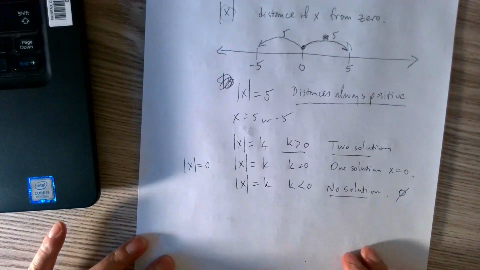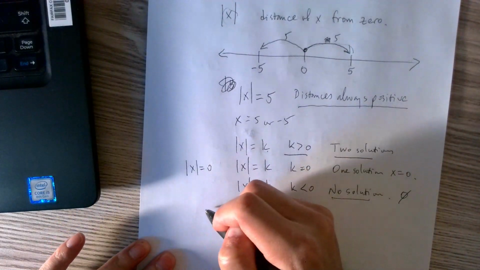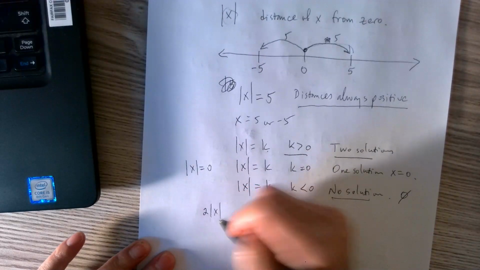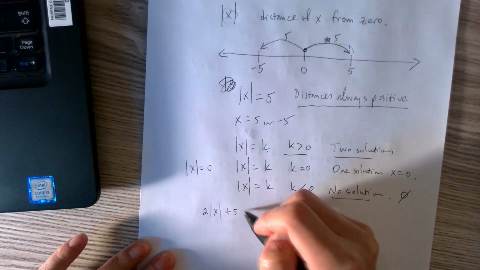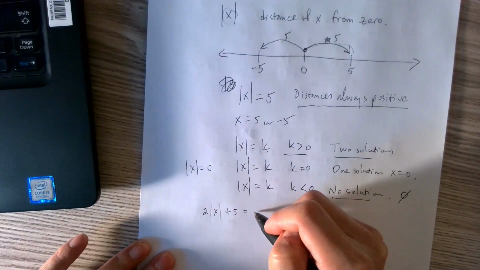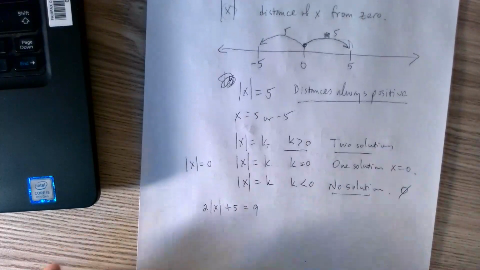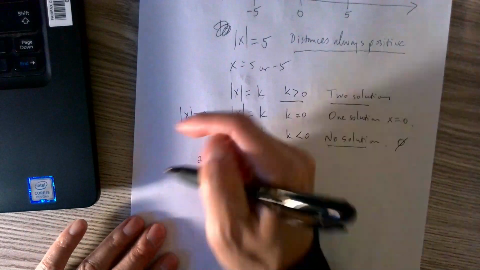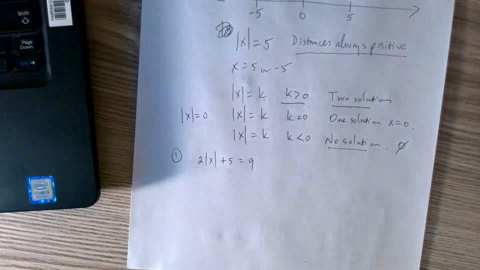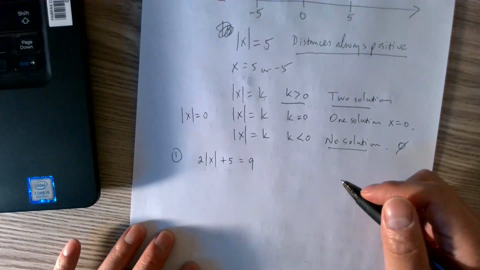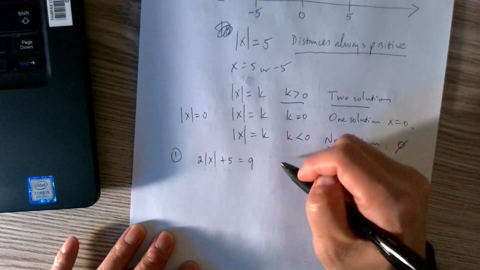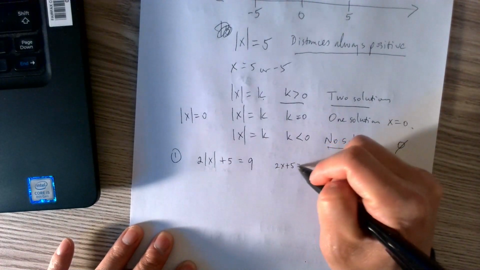Okay, now how do we actually solve equations with absolute value in it? Here's a typical absolute value equation. And you might notice it looks very similar to 2x plus 5 equals 9.